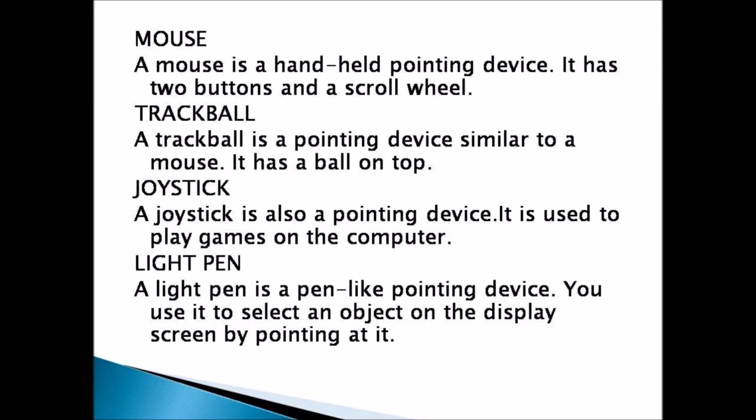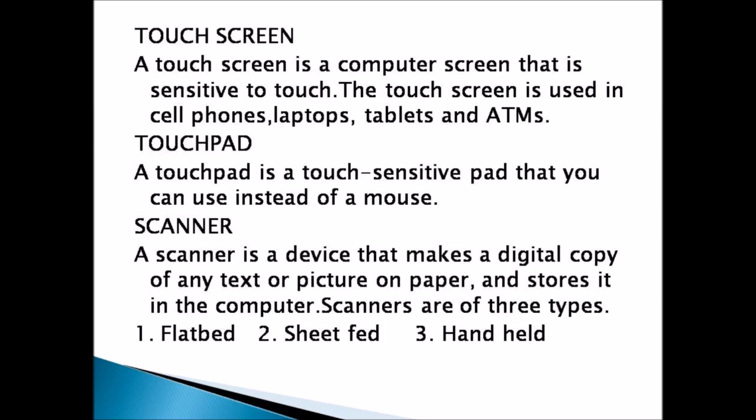Okay children, this is all about the mouse, trackball, joystick and light pen. Next one is the touch screen. A touch screen is a computer screen that is sensitive to touch. It is used in cell phones, laptops, tablets and ATMs.